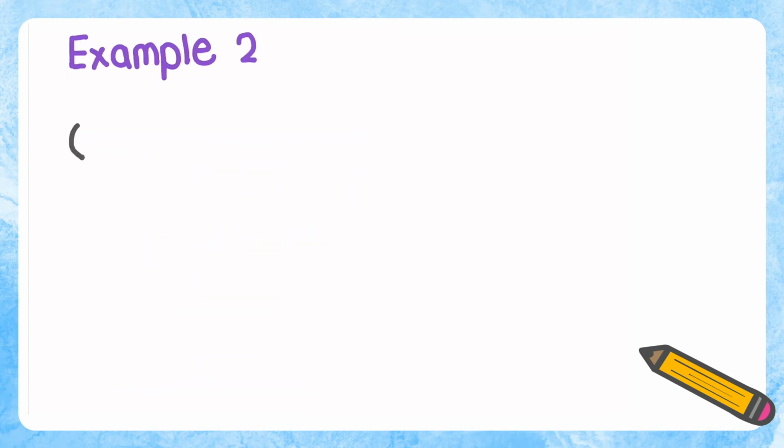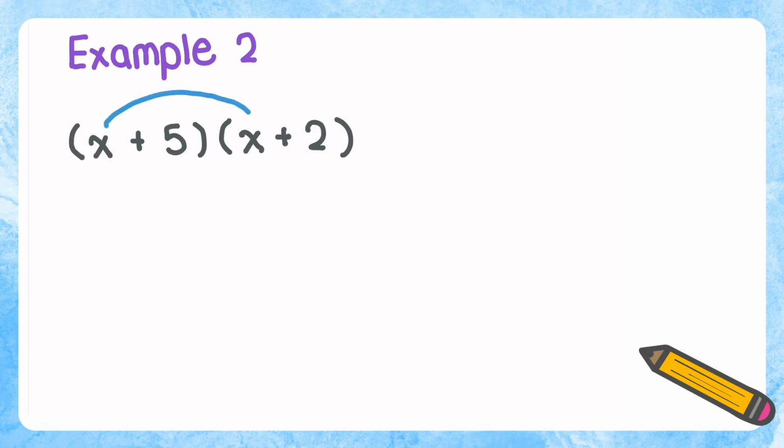Okay, so let's look at another example. Remember, the idea is to distribute, so to pass out all the terms. Here first I'm going to distribute the x to both the x and the plus 2 in the second part.